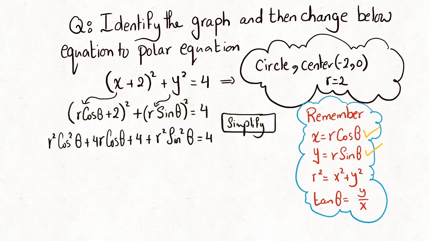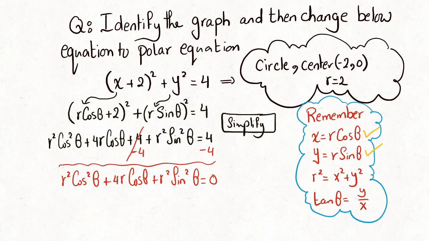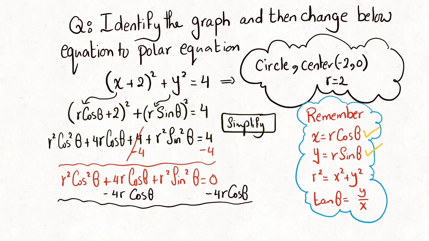We try to put similar terms beside each other. I will get rid of 4. Then I can see that I have r squared cosine squared theta and r squared sine squared theta. Thus I'd love to put them beside each other, because I'm going to use a certain trigonometric identity later.